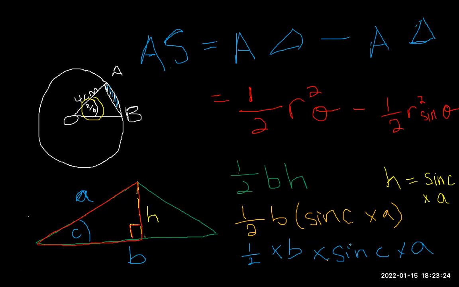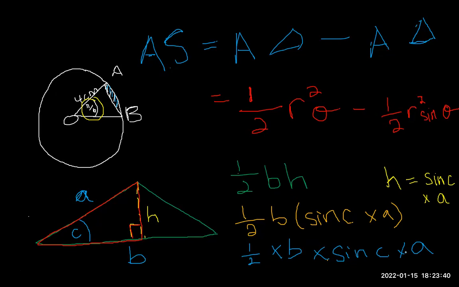Did you know that multiplication is commutative? Do you know what I mean by commutative? It doesn't matter what order you put it in, it still results in the same answer.